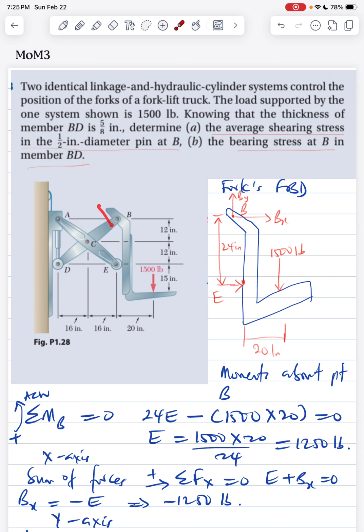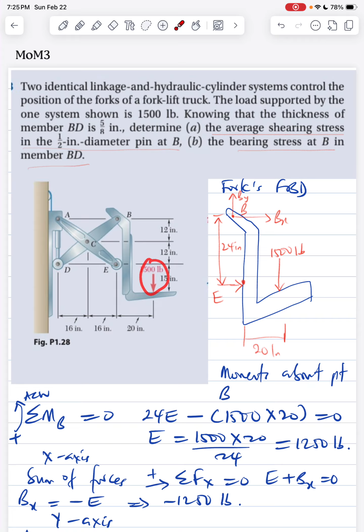So first of all, we draw the free body diagram of this, which is given here. Pardon my diagram, it's not the very best. At this pin B, of course, we have two forces, in Cartesian coordinates, Bx and By here. Now the load supported by this system is shown.